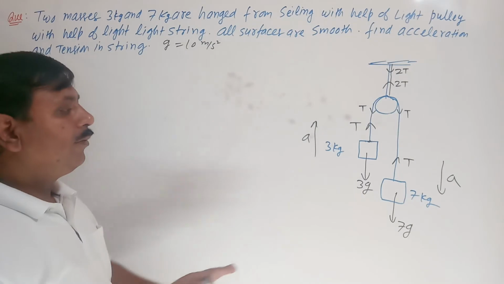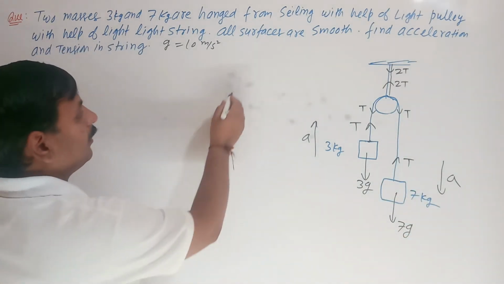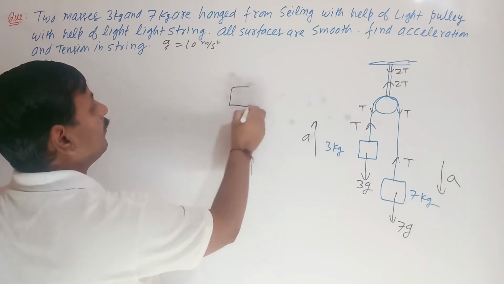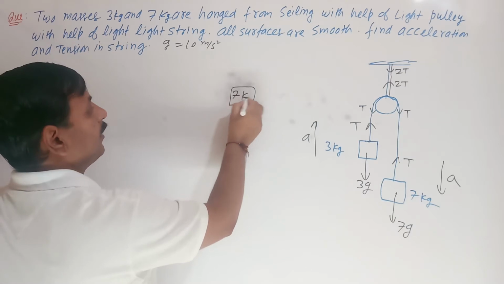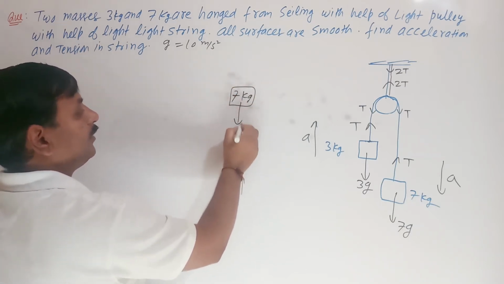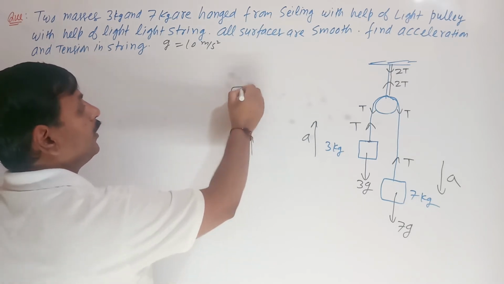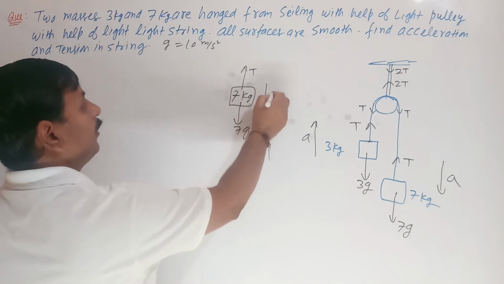So see here, when we look at the free body diagram of the 7 kg, as previously we have seen, 7g is downward, tension is upward, and acceleration is downward.